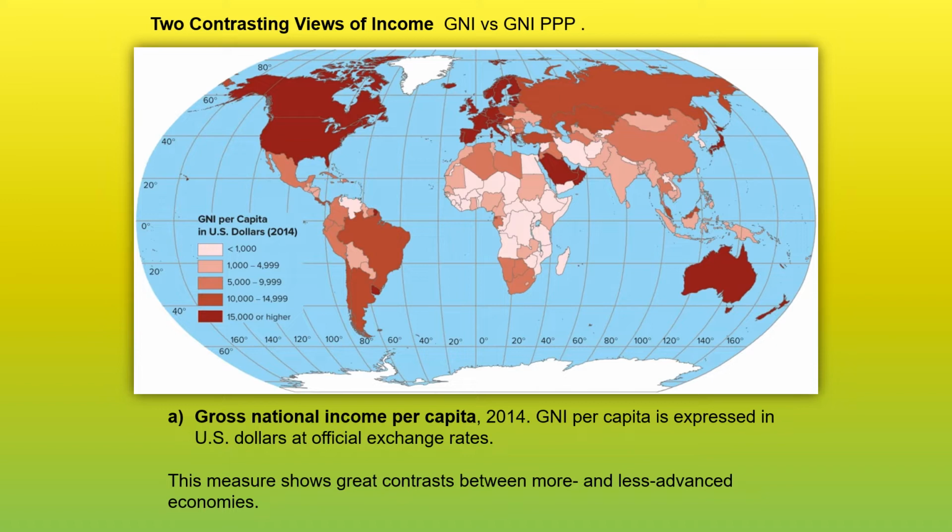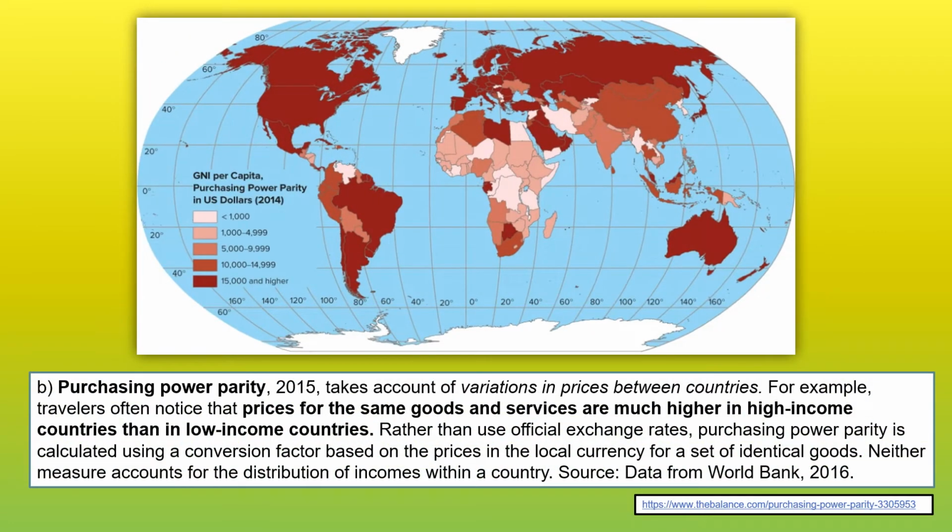But sometimes you can't use measures such as gross national income or gross national product because of problems in measuring them. To try to offset that, there's purchasing power parity, which takes into account not only the standards of living, but the costs of living.